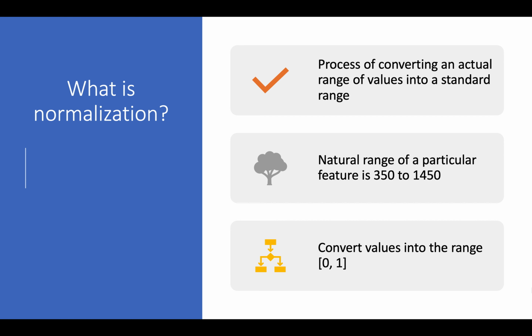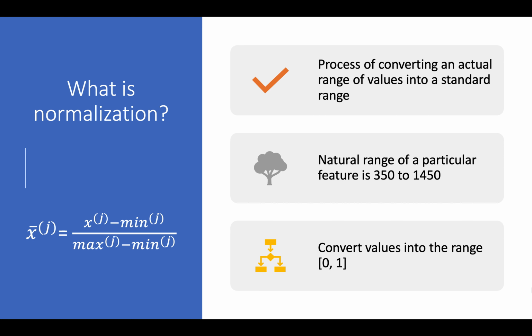For example, suppose the natural range of a particular feature is 350 to 1450. And by subtracting 350 from every value of the feature and dividing the result by 1100, we could normalize the value into the range 0 to 1. If I want to say it more generally, this is the formula that we have.